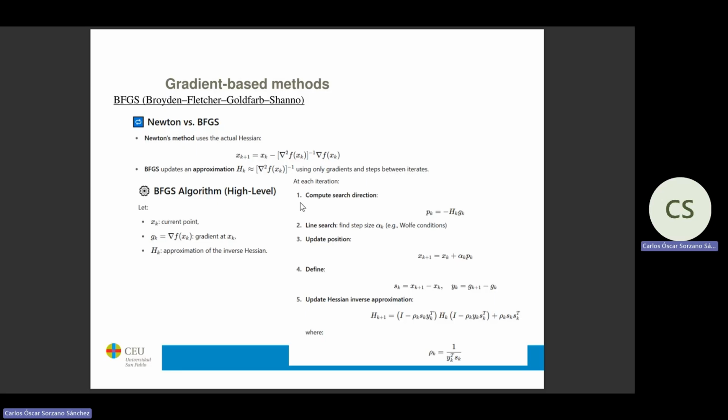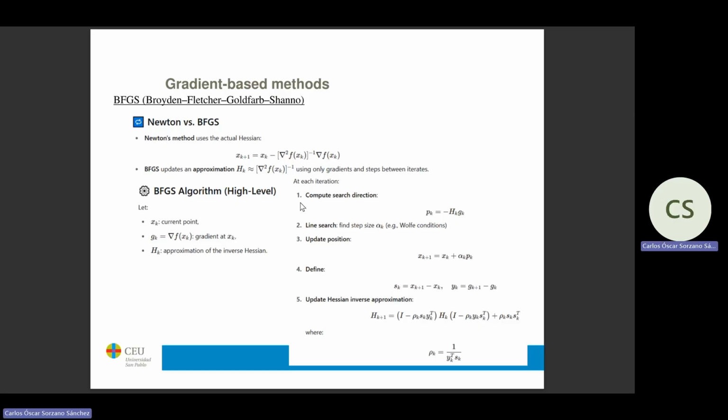You start with identity. Then you compute the gradient and multiply by your current estimate H, which is the inverse of the Hessian. That gives you your direction for minimization. Then you do a line search along that direction, and you update your position.